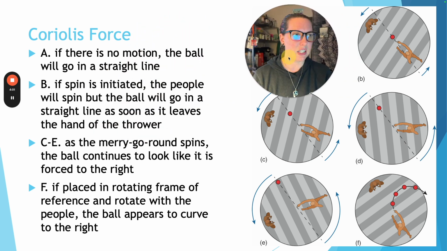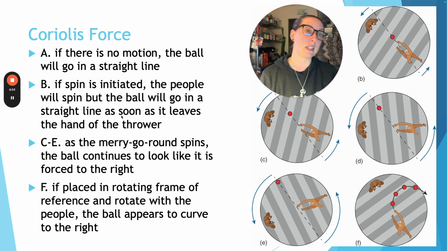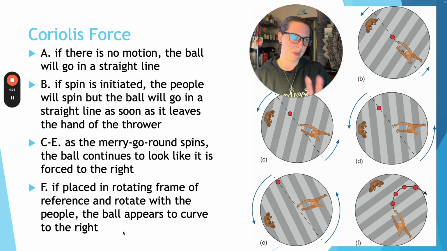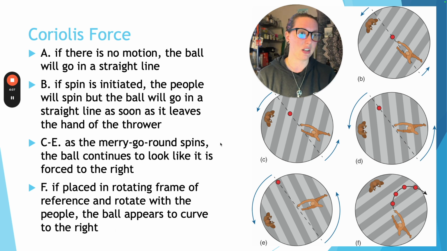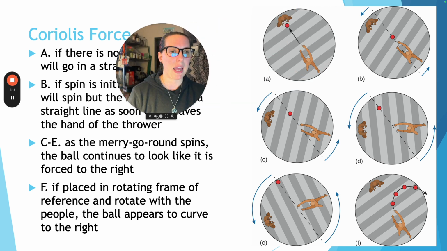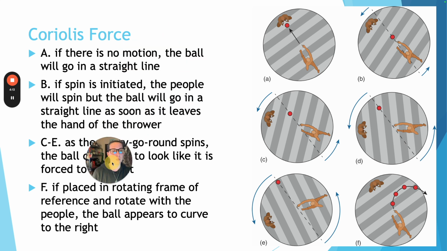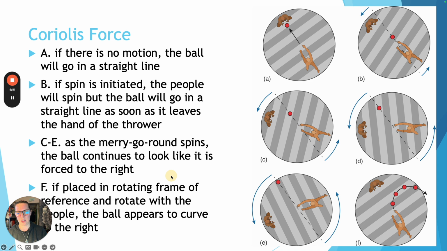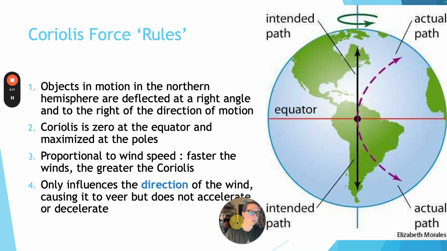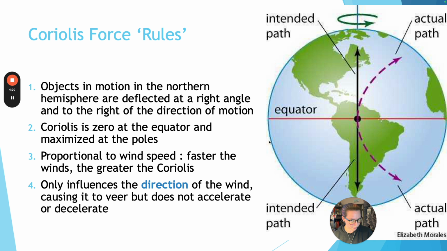So this slide continues to go through and explains each of these steps, so that's what the letters are meant to be there for. And if we were to give a set of rules to the Coriolis effect, there would basically be 4 of them. Objects in motion in the northern hemisphere are deflected to a right angle in the direction of motion.